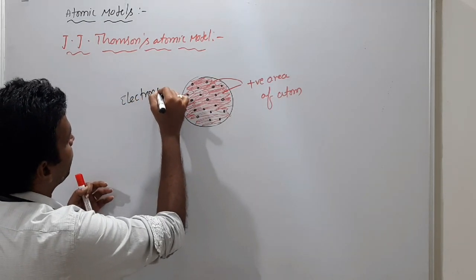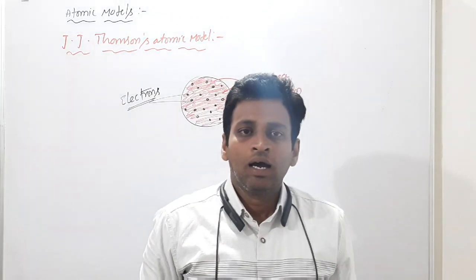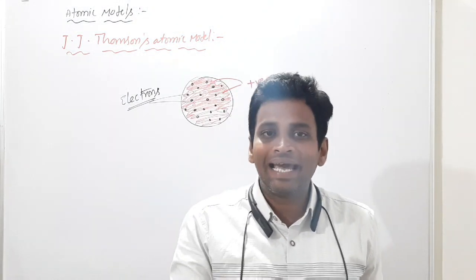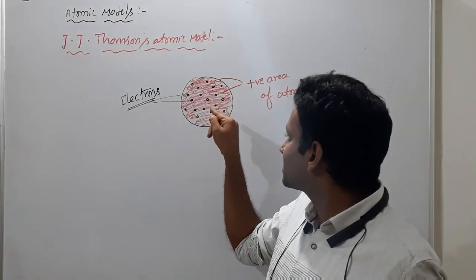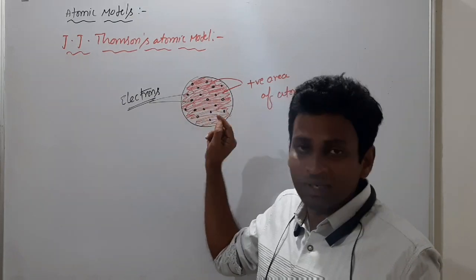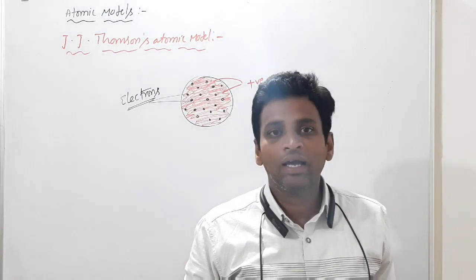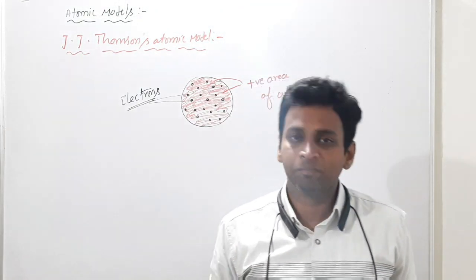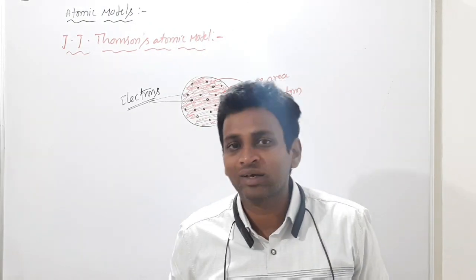So his statement was: as seeds are embedded, means inside, in a watermelon fruit, electrons are also embedded in the positive area of the atom. He was unable to explain the neutrality of the atom.